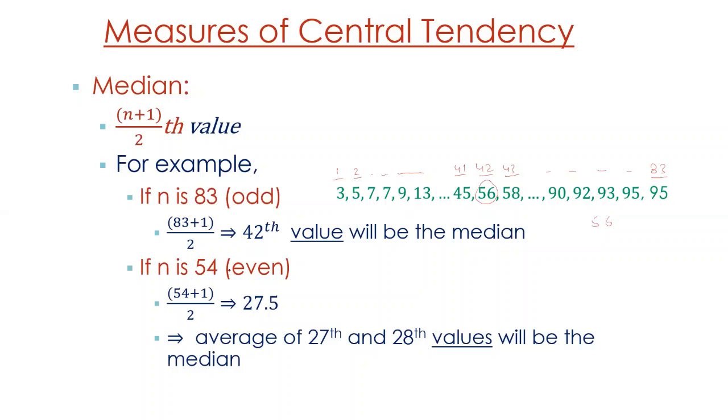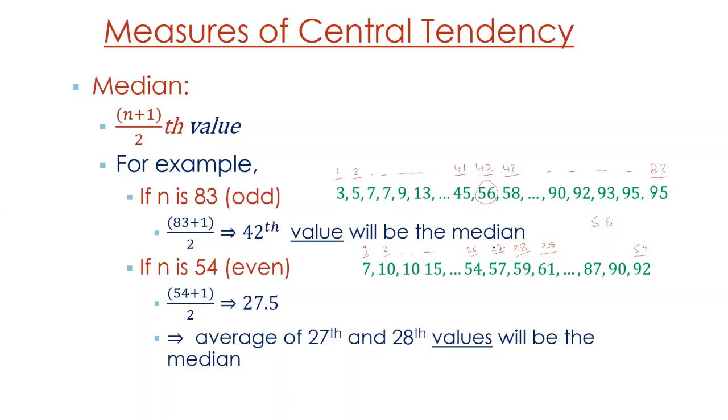Now let's consider the other example where the total number of values is 54. So let's say you have another set of values, and these are 54 in total. So let's say you have the first value, the second value, all the way until the 54th value. And in the middle here, you have, let's say, 26th value here, 27th, 28th, 29th.